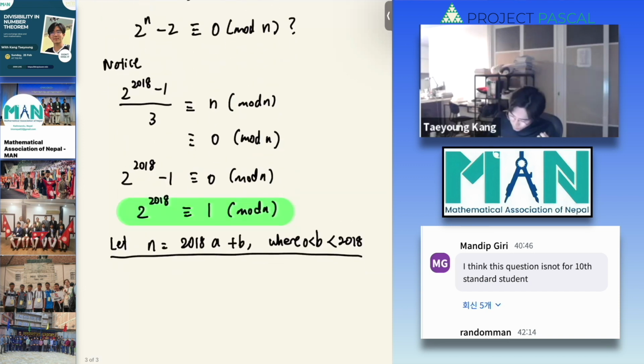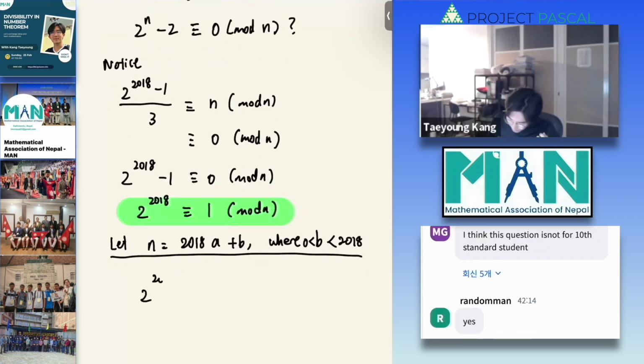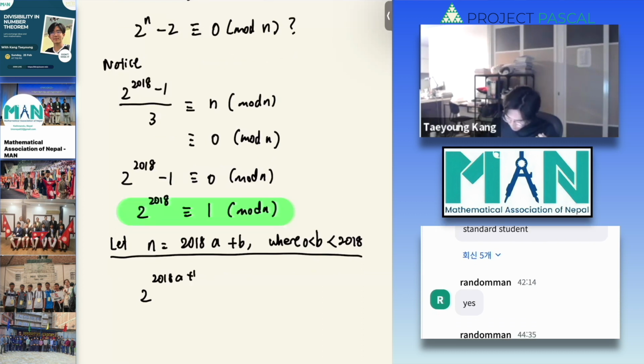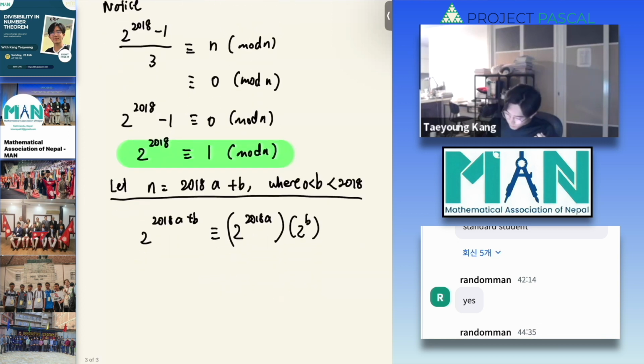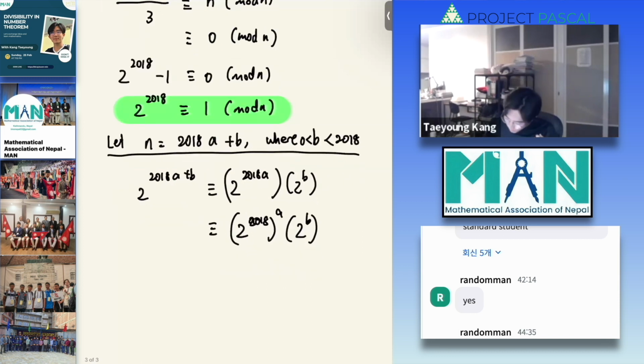So if this is true, then we have 2 to the power of 2018a plus b is congruent to 2 to the power of 2018a multiplied by 2 to the power of b, which is congruent to (2 to the power of 2018) to the power of a multiplied by 2 to the power of b, which is congruent to 2 to the power of b mod n.